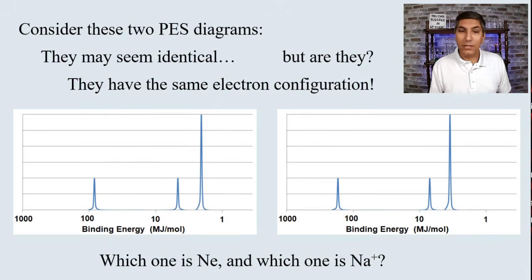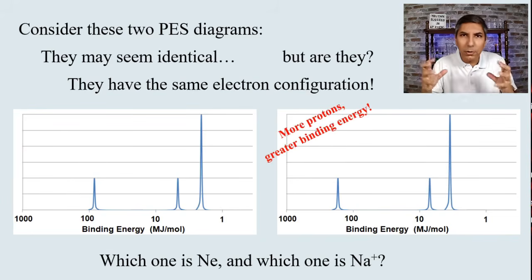Well, they both have the same electron configuration. They both have 10 electrons, but which one is neon and which one is sodium? Well, this is where it comes down to the protons, okay? Because one thing that we've learned already is that the more protons an atom has, the more it's going to pull in those electrons, isn't it?